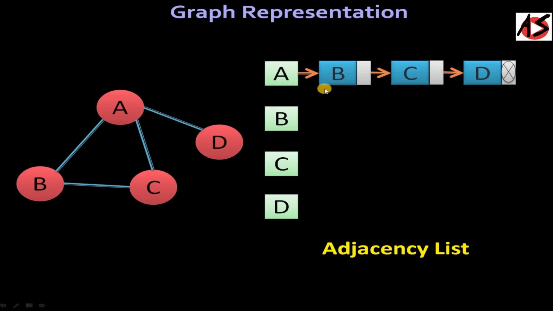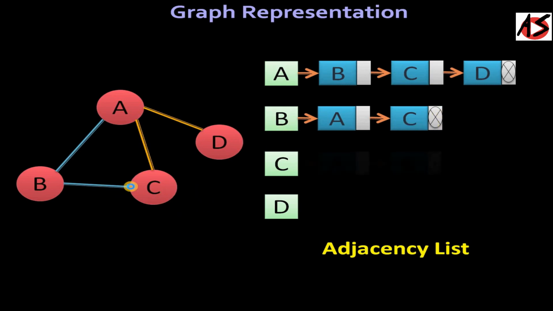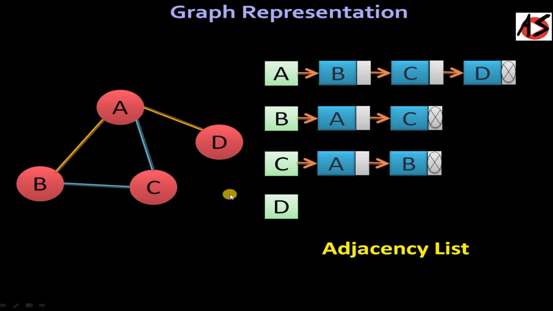Now if you are talking about B, B is connected with C and B is connected with A also. So here you can see the B pointer is connected to A and also to C, and at last you have a null. If you are talking about the C vertex, C is connected to A and B. So here you will take two nodes in the linked list.